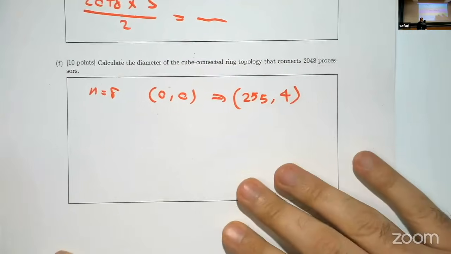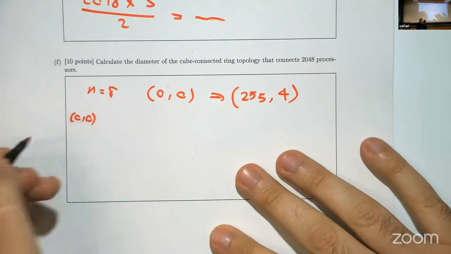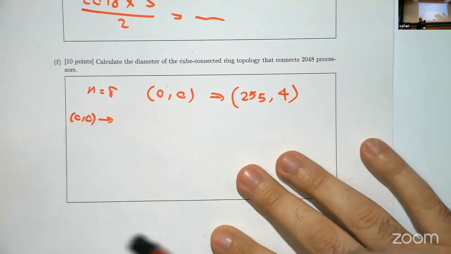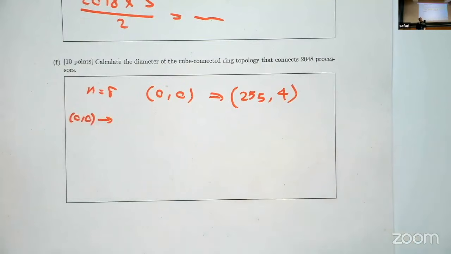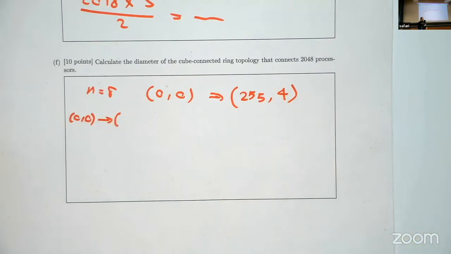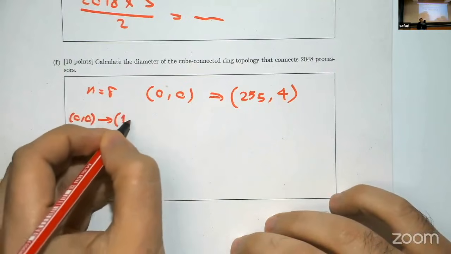Here we need to start with our node, which is, for example, 0 and 0, and then put all the nodes that we are visiting in order to reach the destination. So the next one would be, we first want to, for example, take a hypercube pass. It's going to be 1, 0.